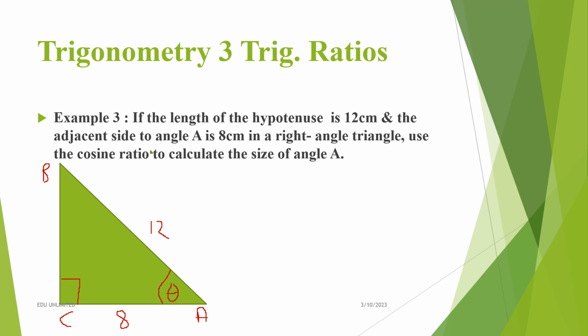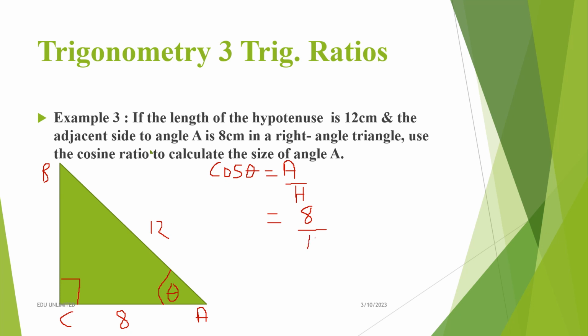The question asks us to use the cosine ratio. So we say cos theta is equal to adjacent over hypotenuse. So the adjacent side is 8 centimeters and the hypotenuse is 12 centimeters.